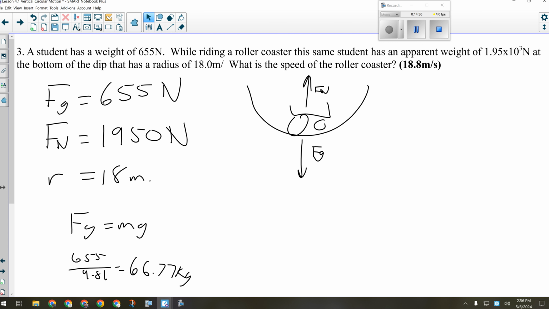Now I'm going to go back to this. For a vertical circle, forces in minus forces out gets me the net or centripetal force. In this case, that is going to be normal force minus the force of gravity equals mv squared over r.